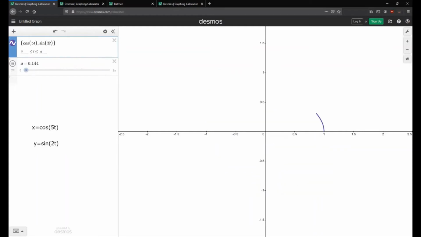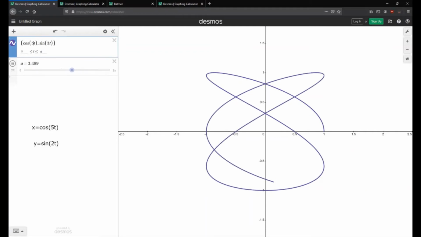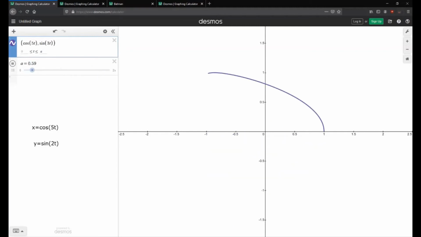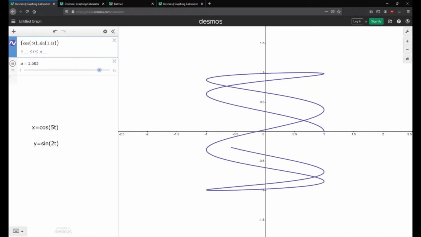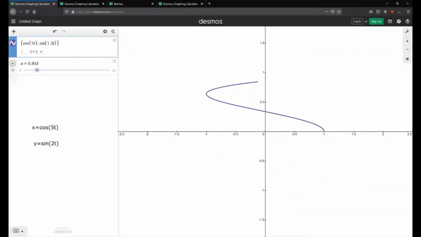We'll get some very symmetric looking patterns when I have, say, integers multiplied on my t's. If I have fractions instead, then I'm going to get different looking shapes.